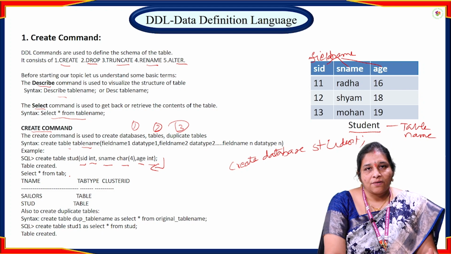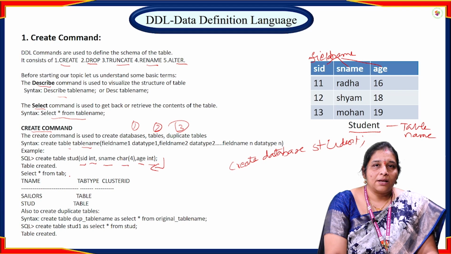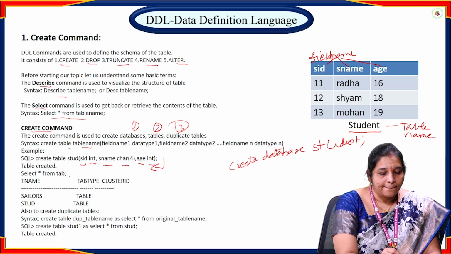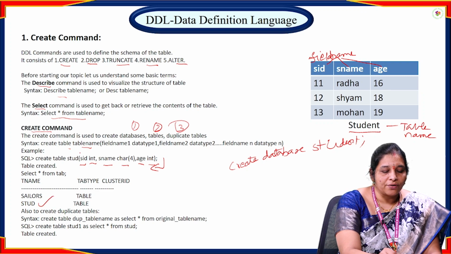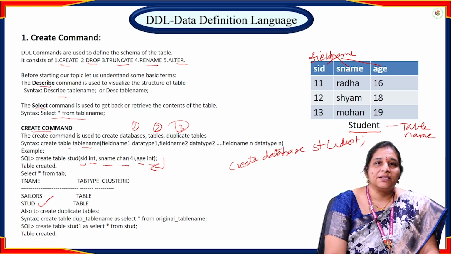So, the table is created. When I said select star from tab, I am going to see the table STUD, which you have created just now, present underneath the list of tables that have been created by the user.